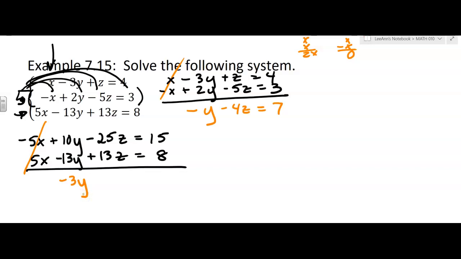And then negative 25z and positive 13z. You can do this on a calculator if you want. But I'm getting negative 12z equals 15 and 8 is what, 23? Okay, so now I have a new system. You might want to copy it down. Maybe that's easier for you to do.